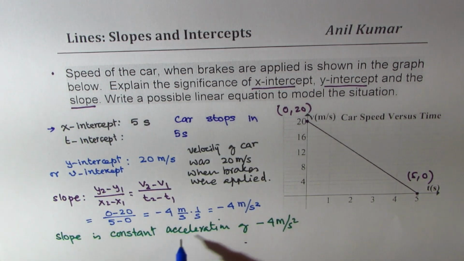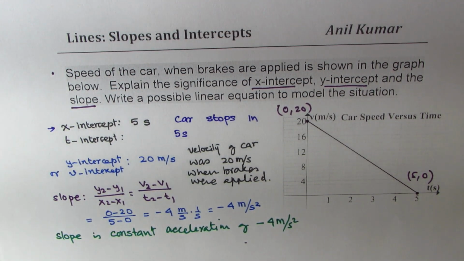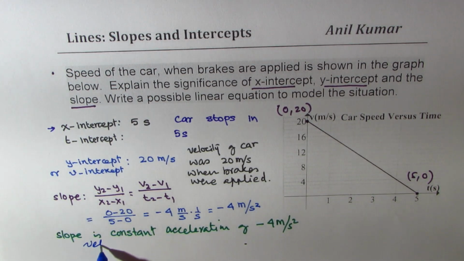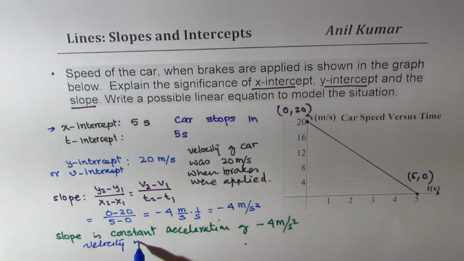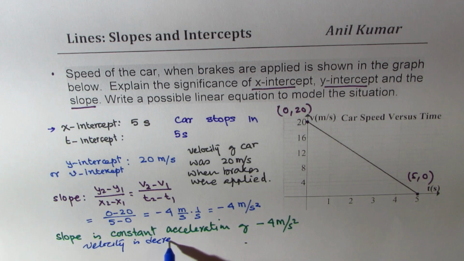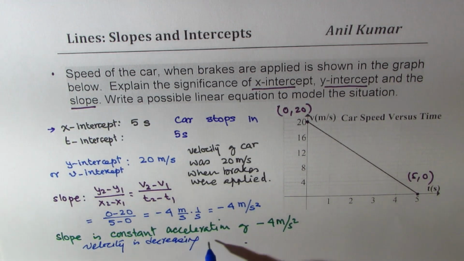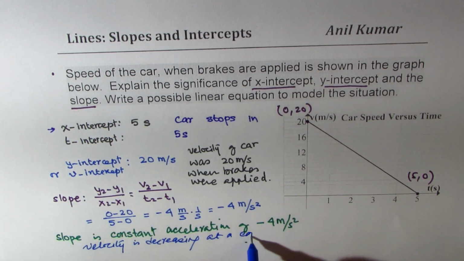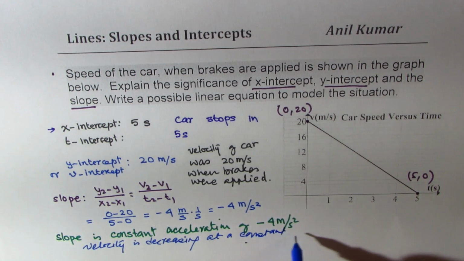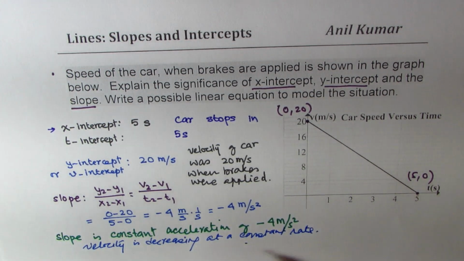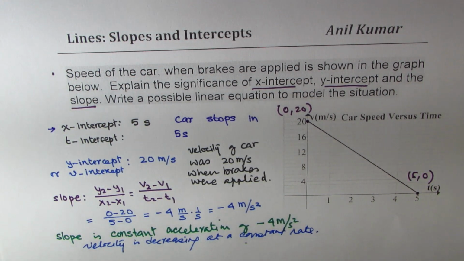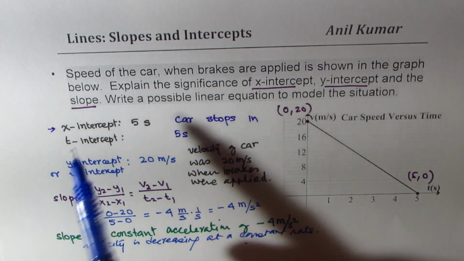So the velocity is decreasing at a constant rate. So we can say velocity is decreasing at a constant rate, or deceleration, okay? So that is how we could explain it.